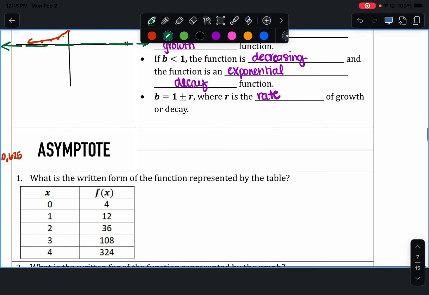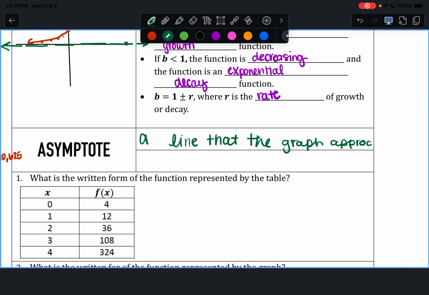And it is a line that the graph approaches more and more but never touches.